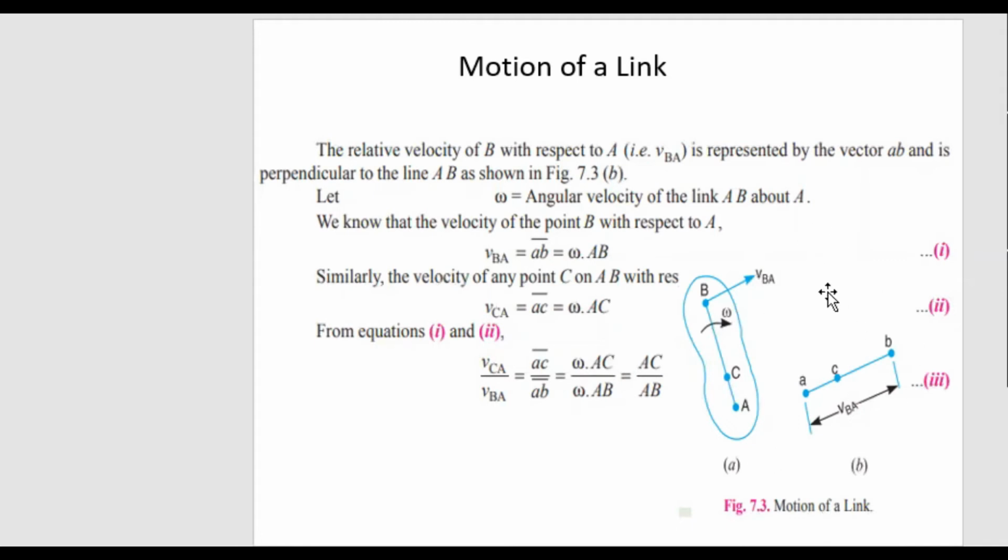From these two equations, we can arrive at a general equation to find arbitrary velocities. From equations 1 and 2, VCA by VBA, equation 2 divided by equation 1, equals AC bar upon AB bar, which equals omega AC upon omega AB. The omega and omega cancel, which gives AC upon AB.